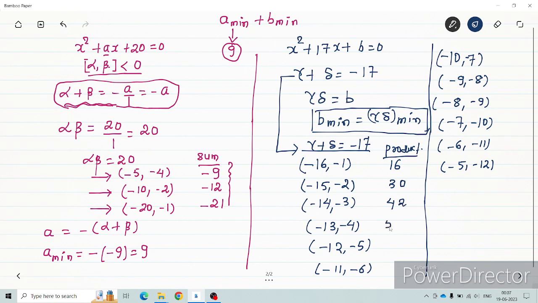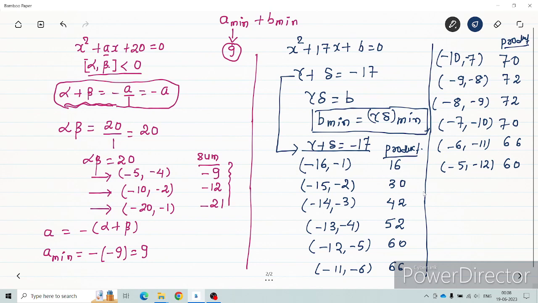So here we have 52, 60, 66 and 70. So these are the products: 70, 72, 72, 70, 66 and 60.